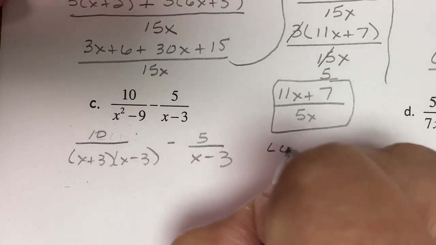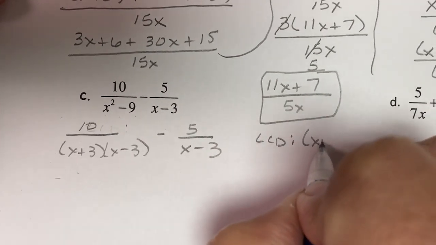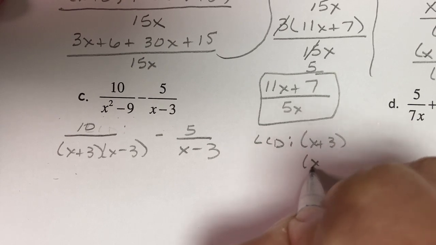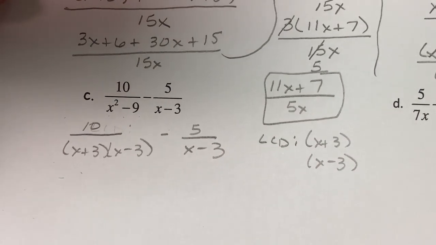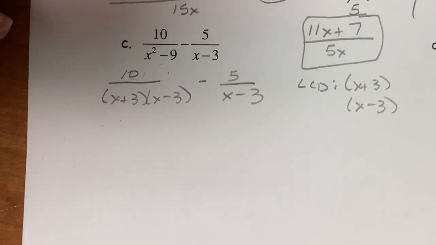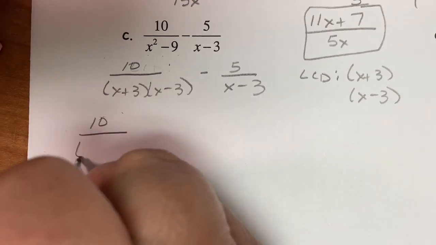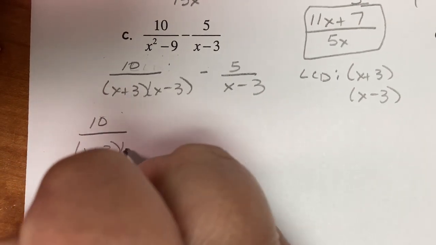So what is my LCD going to be? Well, we're going to need an x plus 3, and we're going to need an x minus 3. So let's rewrite this first fraction, 10 over x plus 3 times x minus 3.